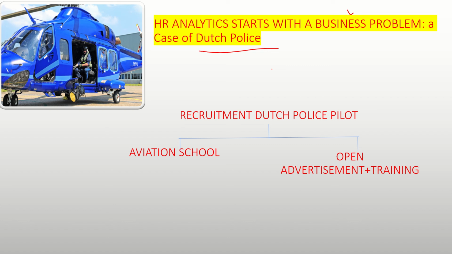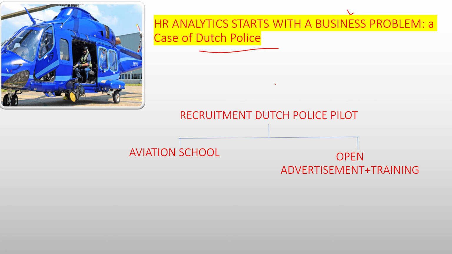So they did a certain kind of analysis, certain kind of comparisons. Who are the pilots who stayed over a long period of time, say for example 8 years, 10 years, 15 years? And the pilots who did not stay for long, like 1 year, 1.5 years, or 2 years.